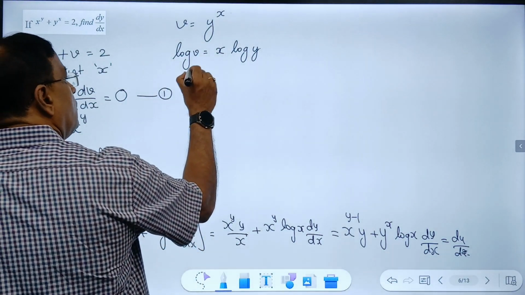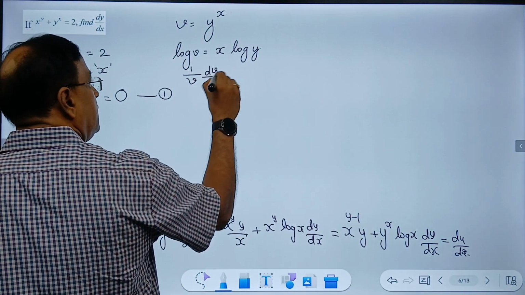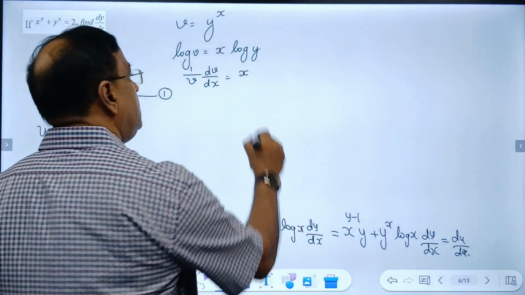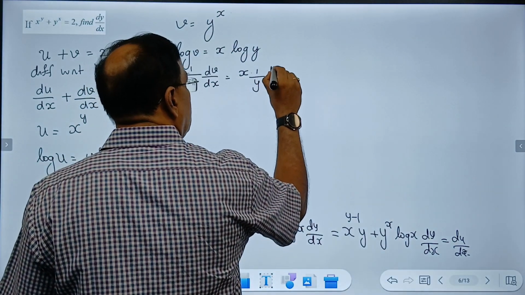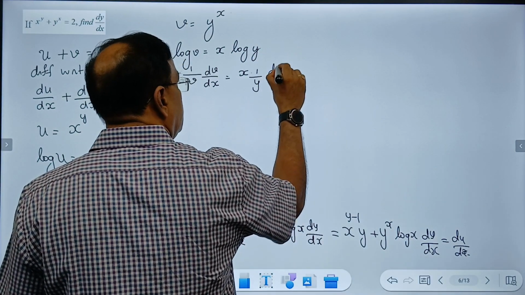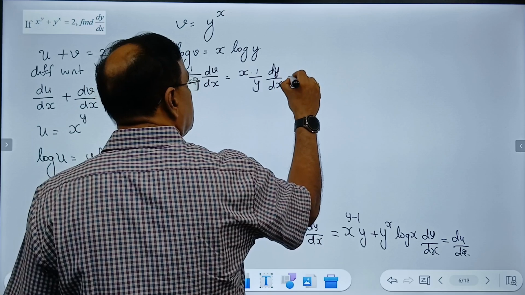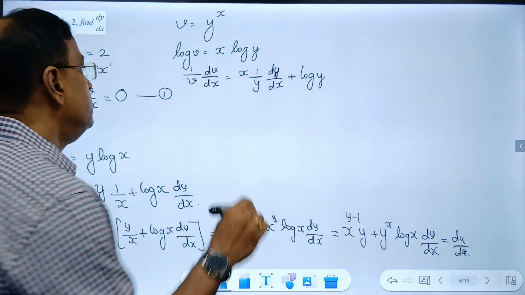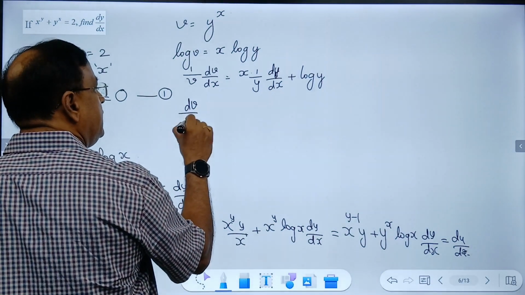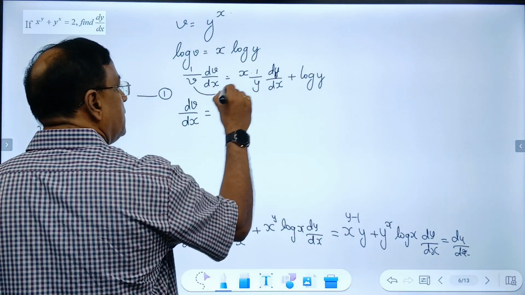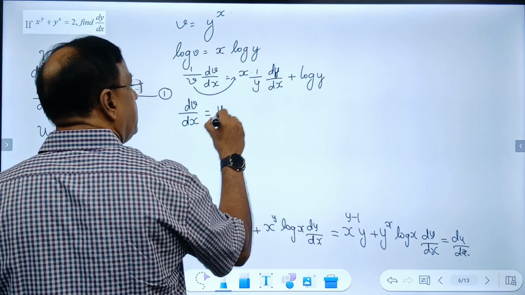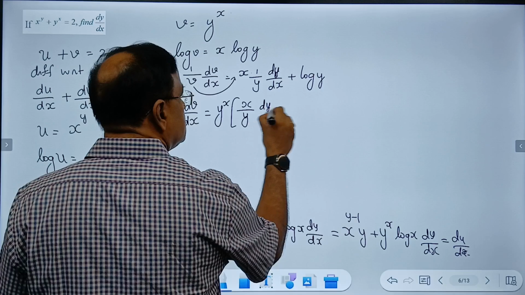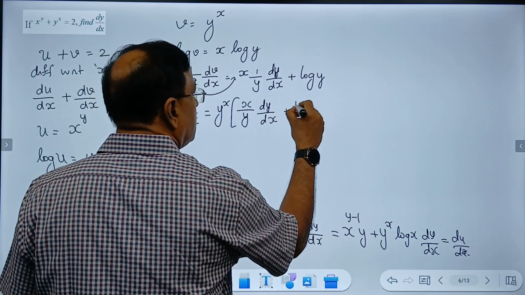It will be 1/v dv/dv equal to x into, differentiation of log y will be 1/y dy/dx, plus log y, differentiation of x will be 1. Now what is dv/dx? Now you cross multiply this v, but v is nothing but y^x. So this will be y^x (x/y dy/dx + log y).